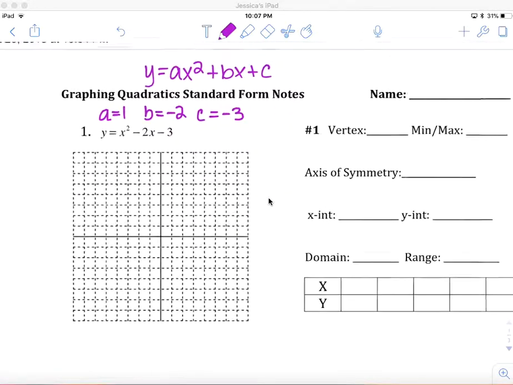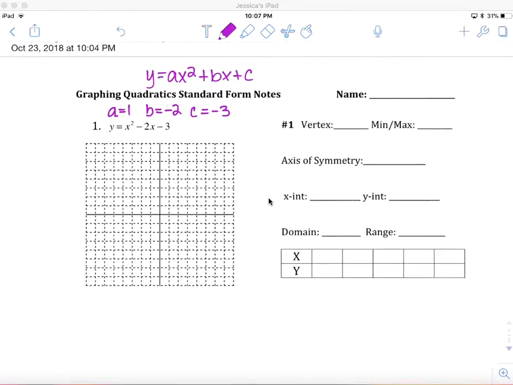In order to graph these, we're going to first make a table. And to find the center of your table, you're going to use your axis of symmetry formula. This formula is opposite b over 2a. So using the numbers that we just found, 1, negative 2, and negative 3, I am going to plug those in.